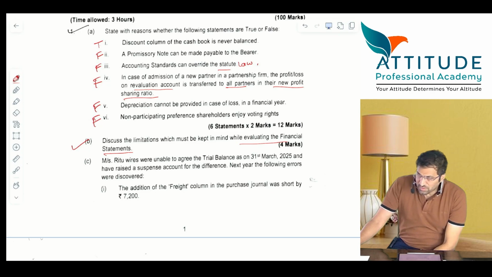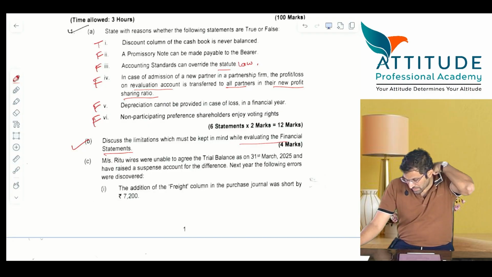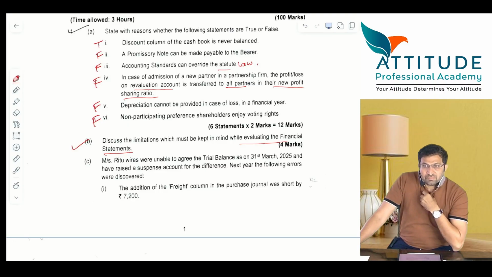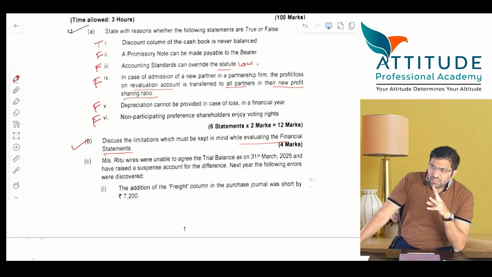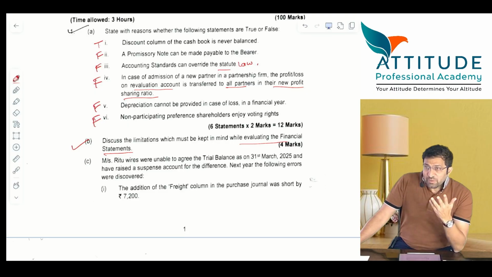Third limitation, accounting ignores changes in money factors like inflation. Okay? Inflation is not included in accounting, but inflation is a part of everyone's life. Inflation hits everyone, but we don't consider inflation in accounts. That is the third limitation.